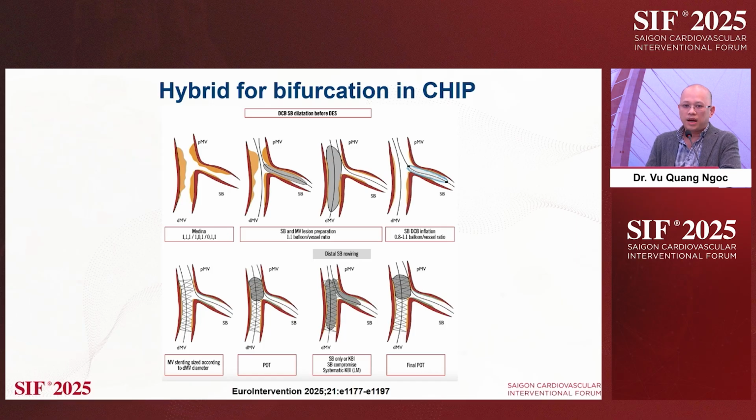For bifurcation, we have the hybrid approach in CHIP, where we focus on the main branch for stenting and the side branch for DCB, and even DCB for both main branch and side branch. And this is the latest recommendation from EuroIntervention in 2025.